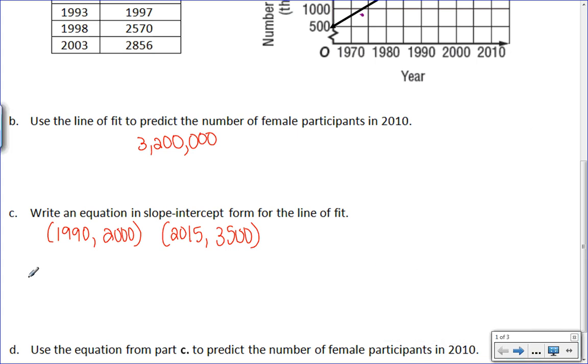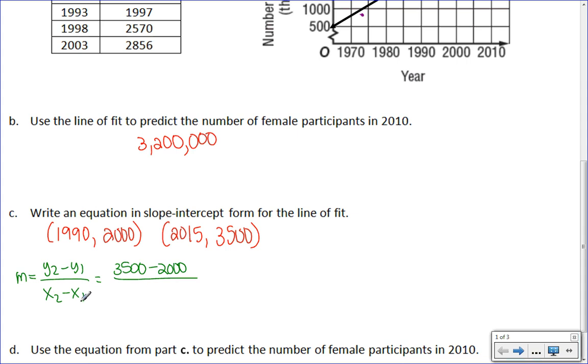So remember, the first thing we need is the slope, y2 minus y1 over x2 minus x1. So let's substitute our y values. Here's y2 minus y1, so 3500 minus 2000.